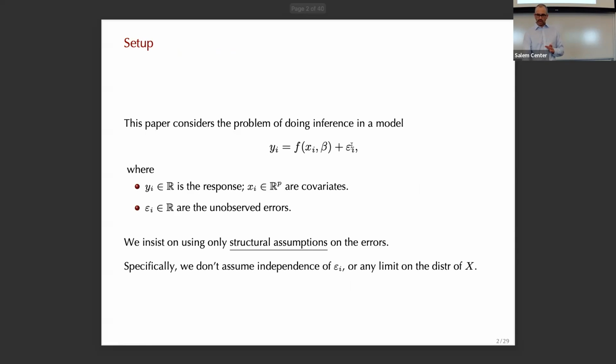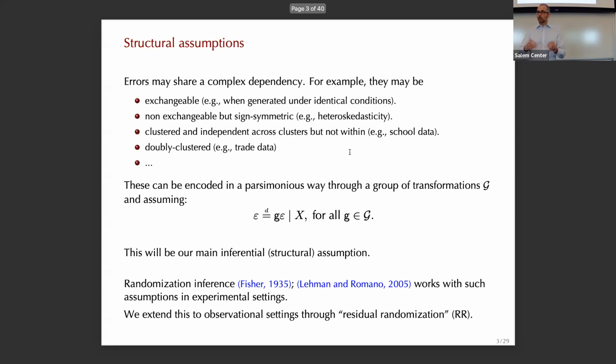But I'm assuming that the errors in my model satisfy that assumption, that somehow the errors were generated through some DGP that is exchangeable, let's say. Perhaps the errors are measurement errors, right? You have a telescope, let's say, observing the planet, and there's always some noise, white noise. So I'm going to assume that this white noise is exchangeable, or it's symmetric around zero.